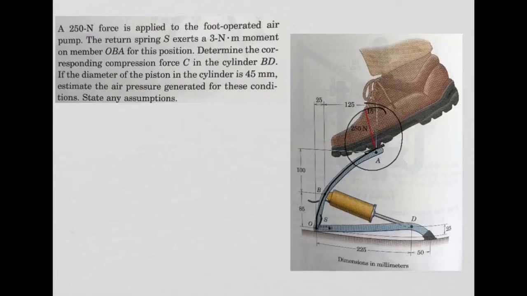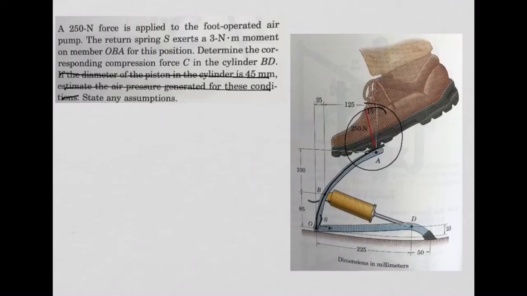What should be the force in the cylinder BD? So you can see BD is this cylinder here, okay? We are going to ignore this second part of the question. What I want you to calculate now for this model is just the force in the cylinder.